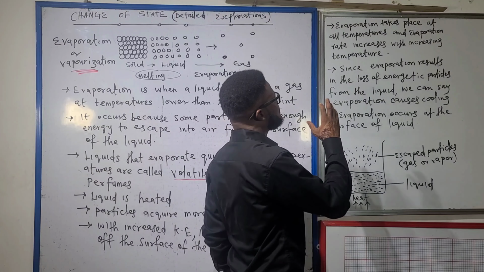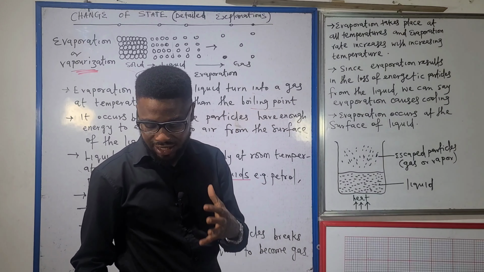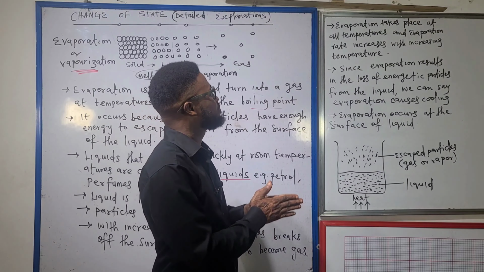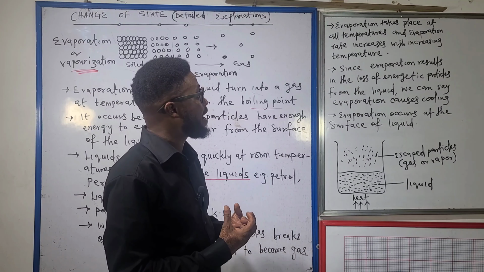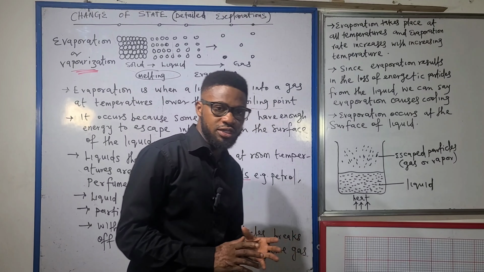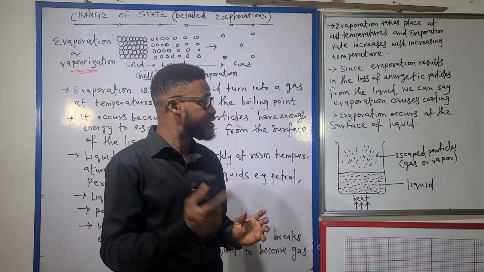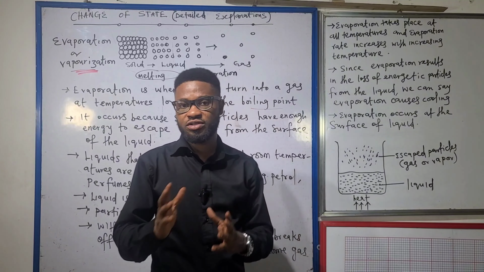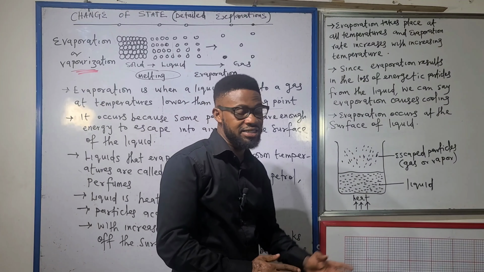Now, evaporation takes place at all temperatures. All that is needed for evaporation is just for the liquid to have acquired enough energy. But you need to know this. Let's say we have water here. The rate of evaporation at 50 degrees Celsius cannot be up to the rate of evaporation at about 80 degrees Celsius.